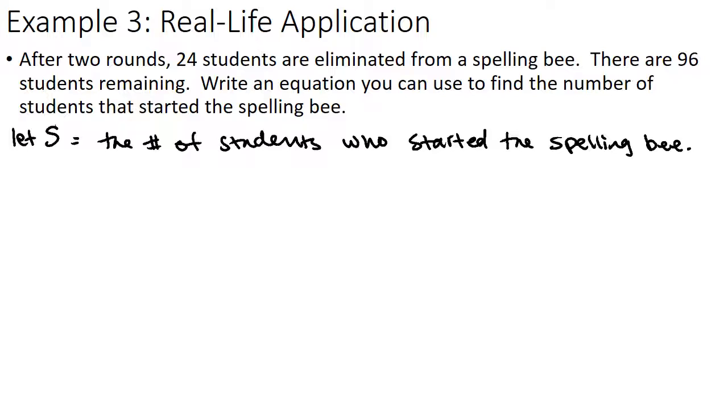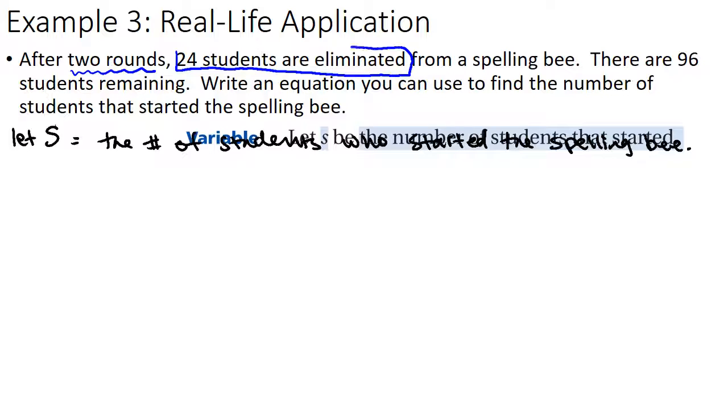Now that we said that, we can start by looking at this for important information in order to see how we could use that information to solve this problem. So we know that was after 2 rounds. We know there are 24 students who are eliminated, and we know that there are 96 students remaining in the competition. Okay, so using this information, we can then write an equation that will help us solve for the total number of students who started the spelling bee.